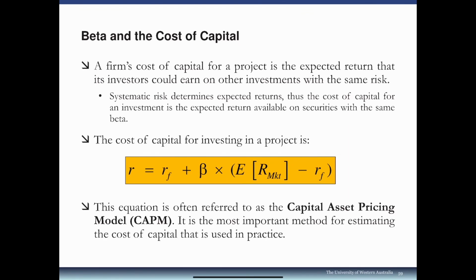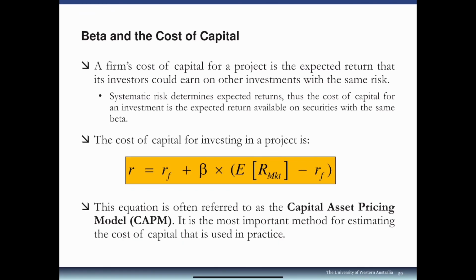So a firm's cost of capital for a project is the expected return that investors could earn on another investment with the same risk. And we just talked about how systematic risk determines expected returns. So the cost of capital for an investment is the expected return available on a security with the same beta. Which means, going back to the capital budgeting from last week, when you're trying to evaluate the return, you need a discount rate.